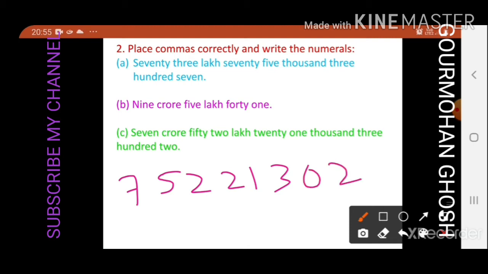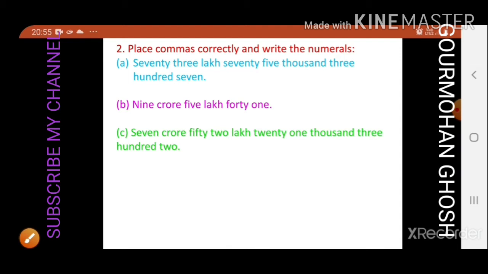So use the comma, 3 digits from right to left, then 2 digits, then 2 digits. So 7 crore 52 lakhs 21,302. Okay. Next what happened?